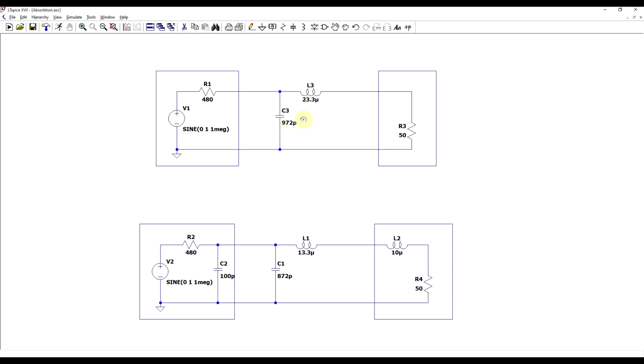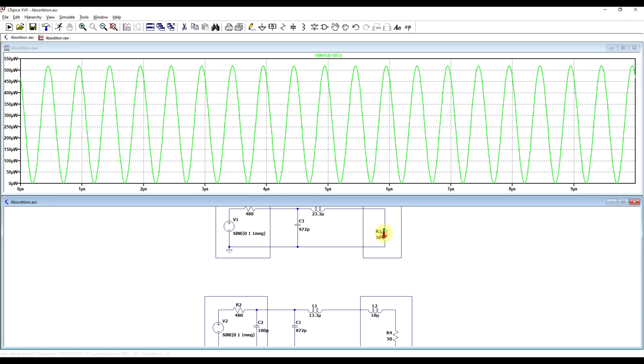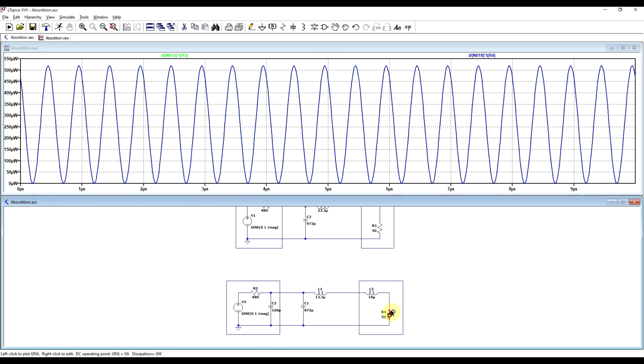So instead of a 972 picofarad capacitor, we can only place an 872 picofarad capacitor and take advantage of the existing 100 picofarads in the signal source, and the same way with the series element, subtract the 10 microhenry we already have and only use 13.3 microhenry extra inductor. And of course, both these circuits will end up delivering the exact same amount of power to the load.